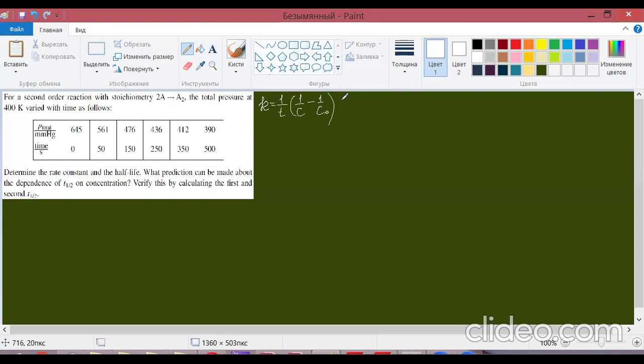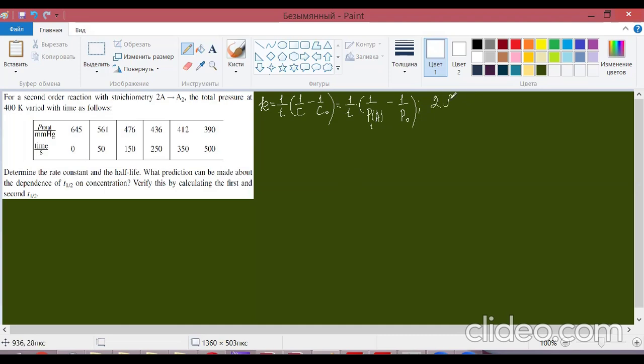And we can write that it's equal to 1/2 times 1 over P of A at time T minus the initial pressure. The initial pressure can be seen from the table is equal to 645. As for P of A at time T, this is something which we're going to deal with at this moment because it's not clear.